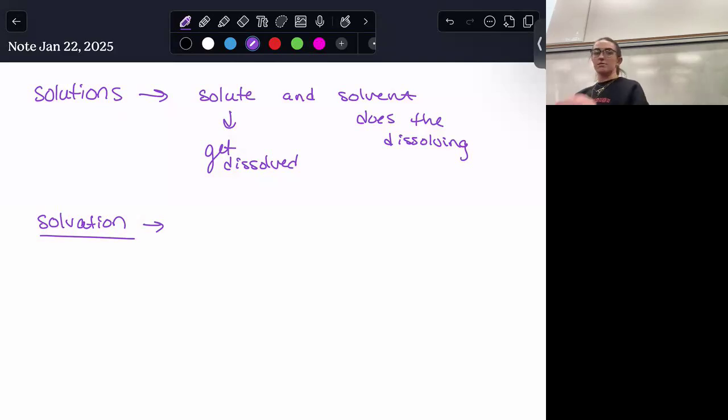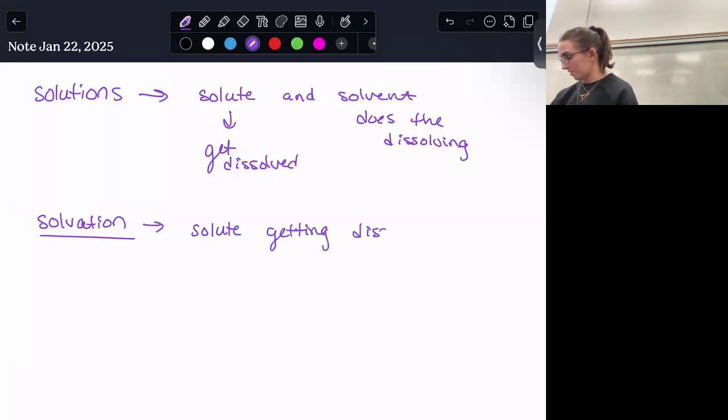The definition is that a solute particle is surrounded by solvent particles. What this means is that your solute is getting dissolved by solvent. Okay. What does that mean?